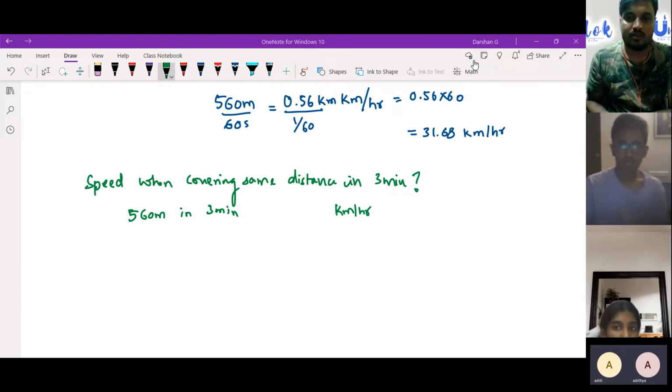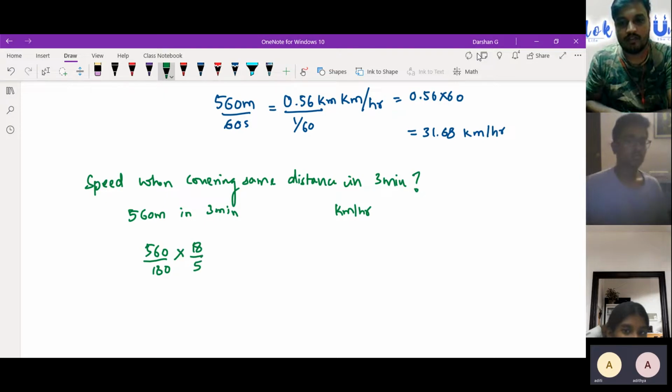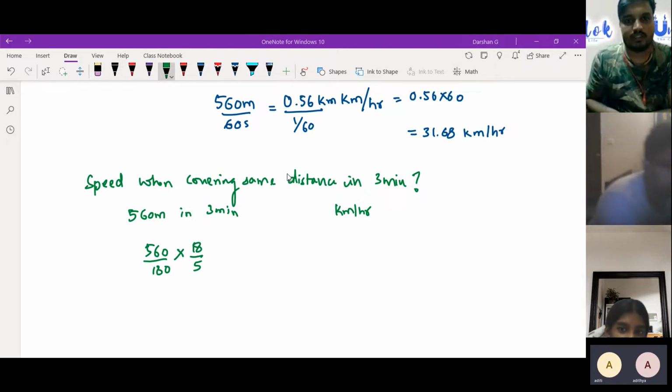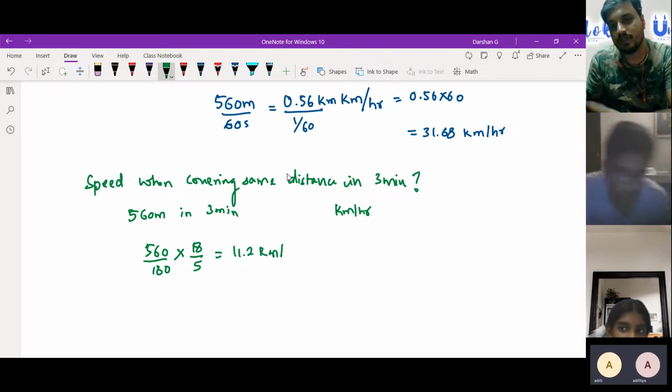Okay, got it. 11.2. So 560 divided by 180, we can do this and multiply into 18 divided by 5. So how much do you get? I'm just using the calculator so I can be faster. Yes, the answer is right: 11.2 kilometer per hour.